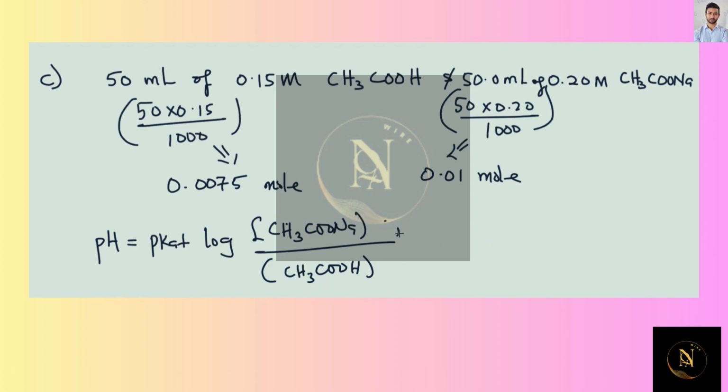So pH would then be equal to 4.8 plus log of 0.01 divided by 0.0075. So the pH will be 4.92.